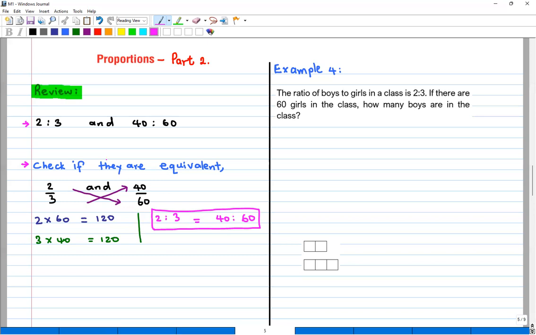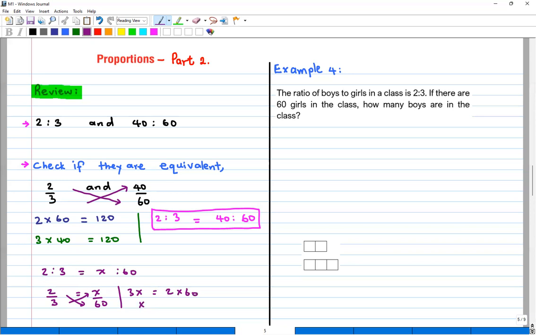Like we have seen in our last lesson, if we say that 2 to 3 is equal to x to 60, we can write 2 out of 3 is equal to x out of 60. Now we do cross multiplication: 3 times x, we get 3x, and 2 times 60.